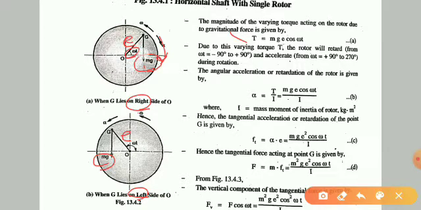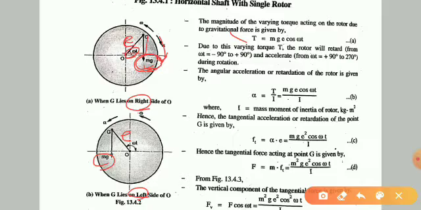This is the horizontal component, this is our vertical component. The torque will be the horizontal component, which means mg cos omega t into e.